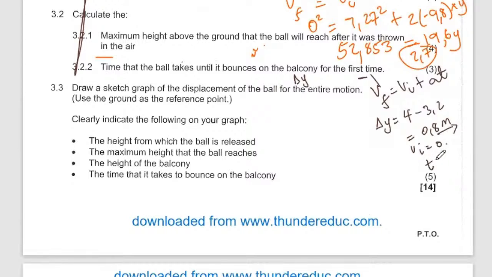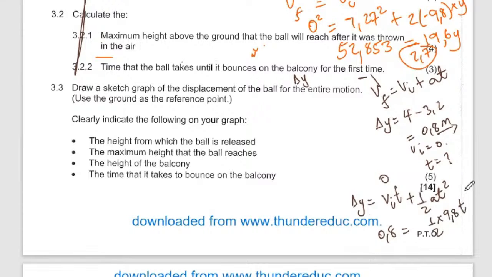I need time. So the displacement should make sense: delta y is equal to v_i t plus a half a t squared. Yeah, 0.8. The first term is going to be just 0. This is a half times 9.8 and t squared, taking the 9.8 to be positive since now it's the second trip that is dropping down.